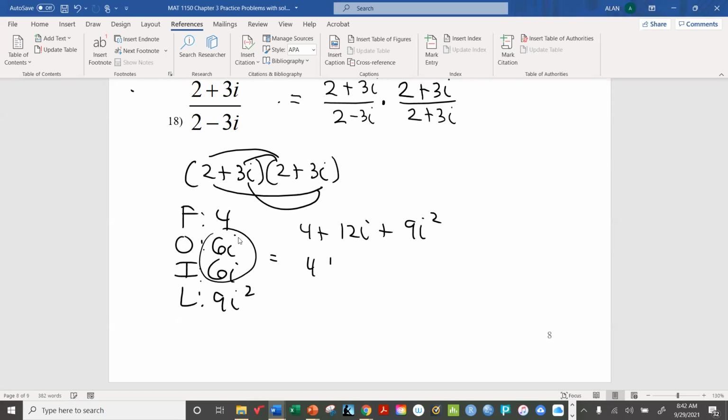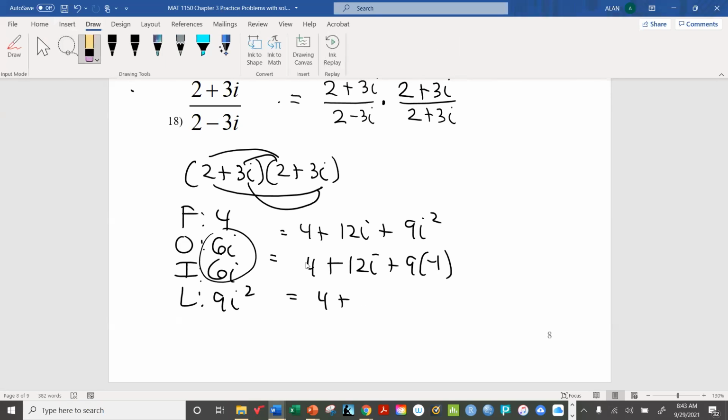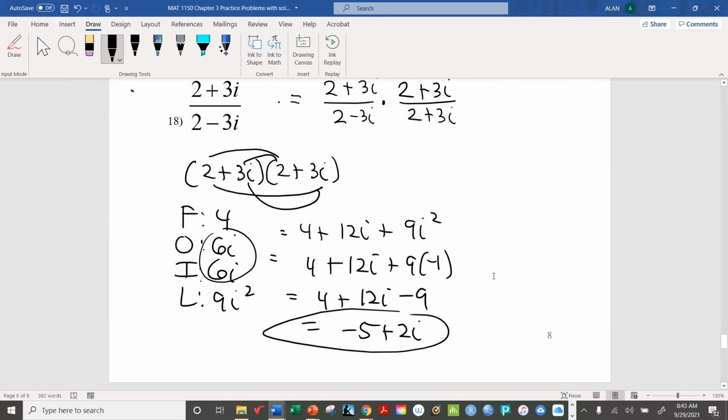And then, of course, this i squared is negative 1. So that's our numerator.